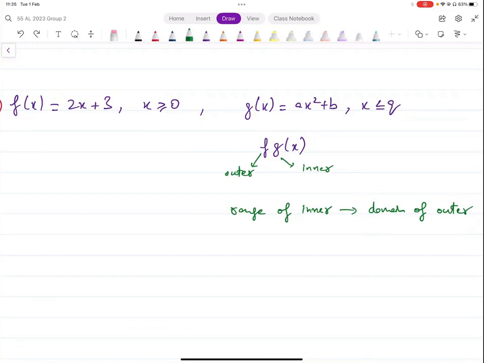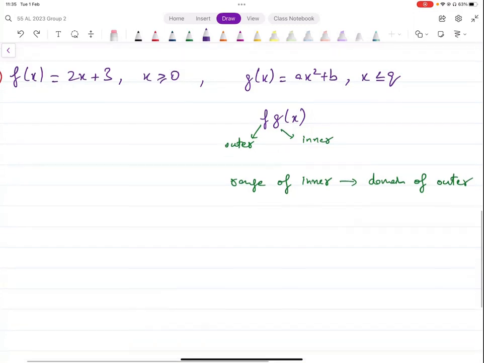What's the domain of the outer function? Greater than or equal to 0. इसका मतलब ये हुआ, the domain of the inner function is x greater than or equal to 0. ठीक है?